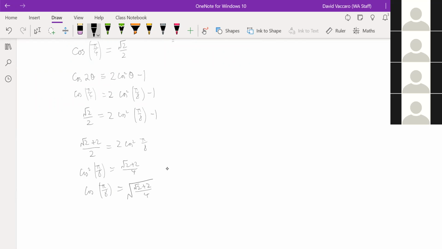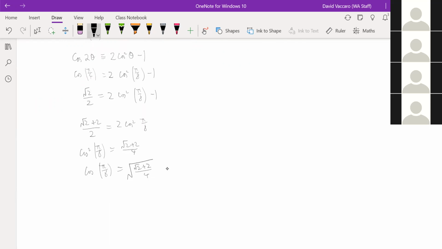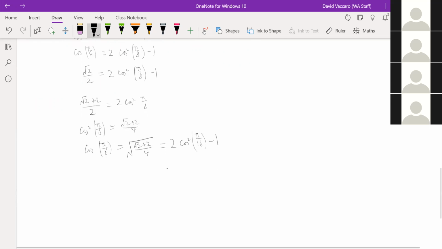But if we do the double angle formula again, that is equal to 2 times cos squared pi over 16 take away 1.